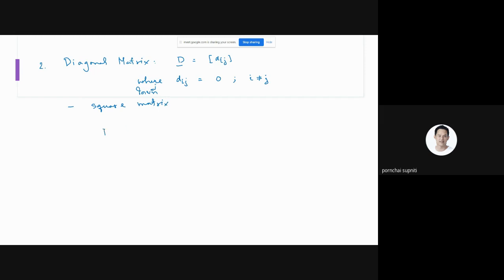So in general, we can write a diagonal matrix like this. For the remaining values, if they are all zeros, sometimes we just write it like this, which means the rest is all zeros.